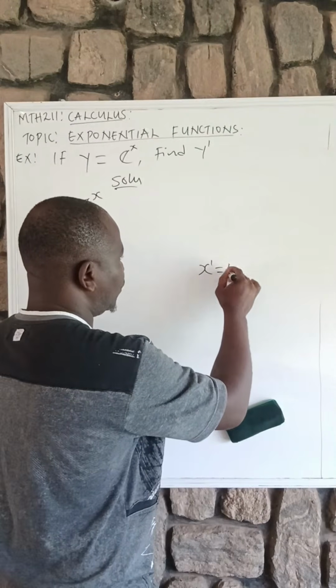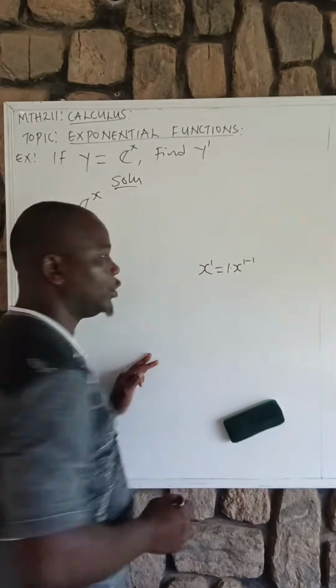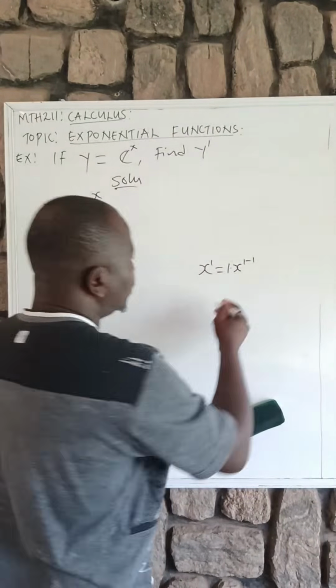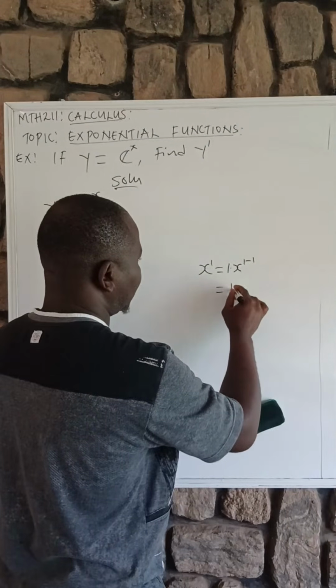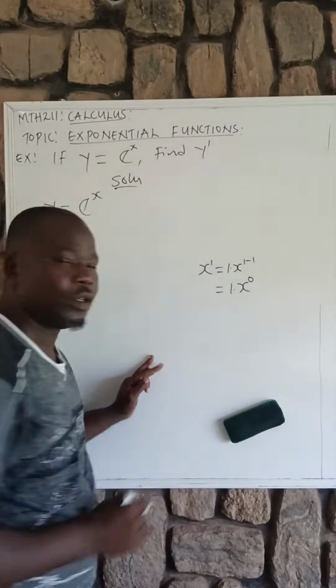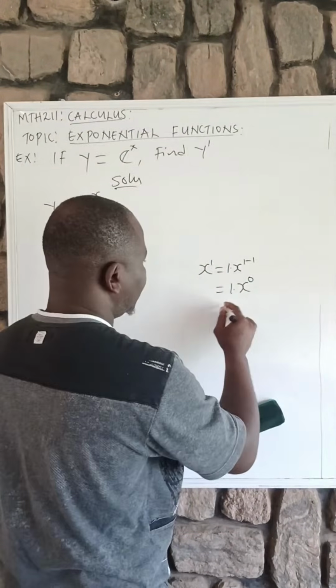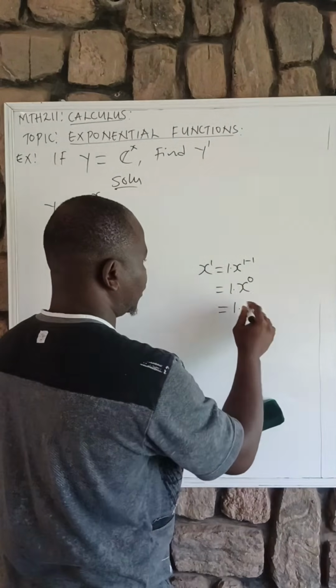false. So 1 times x raised to the power of 1 minus 1, true or false. This is the same thing as 1 times x raised to 1 minus 1, raised to the power 0, true or false. So equals 1 times anything raised to the power 0 is what? 1.